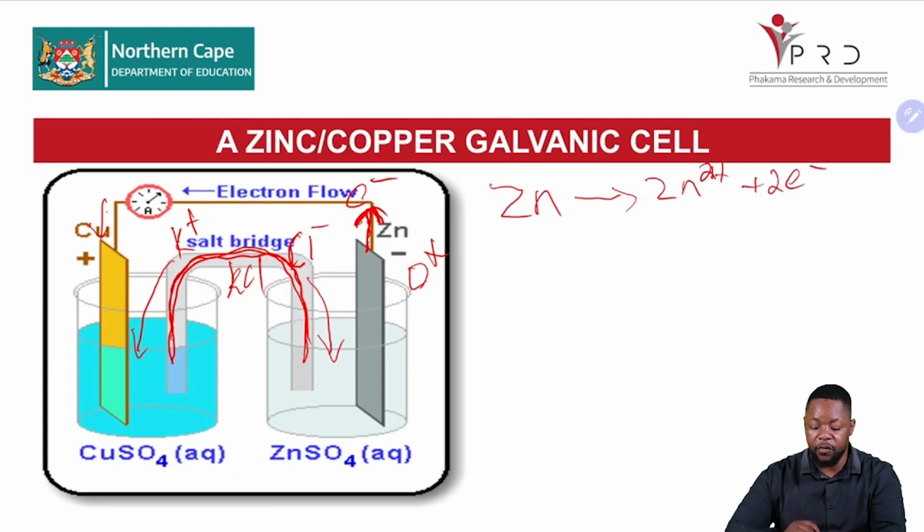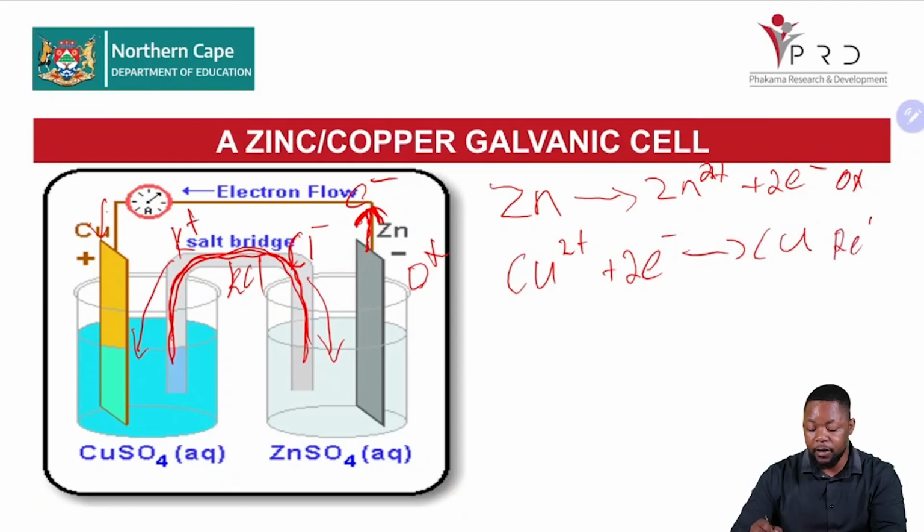The oxidation half reaction is copied from the table in reverse, where we start with Zn that changes to Zn2+, and then 2 electrons are lost. And the copper is the one that will undergo reduction. So the Cu2+ ions will gain 2 electrons and form solid copper. So this is the oxidation half reaction and this is the reduction half reaction.